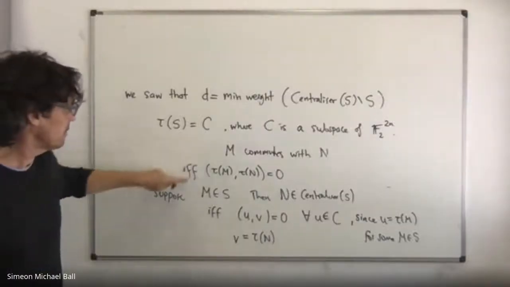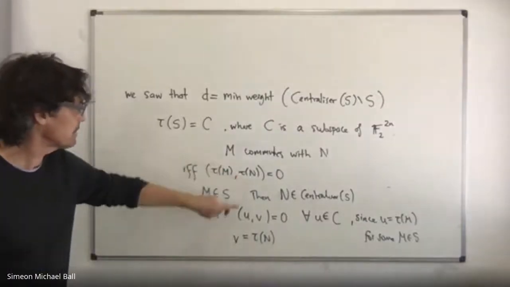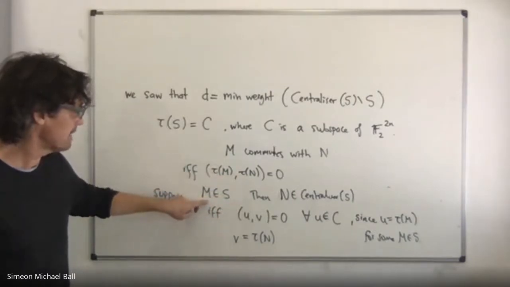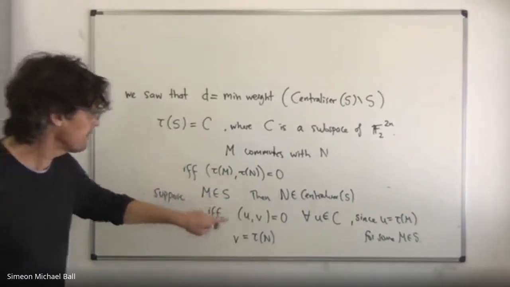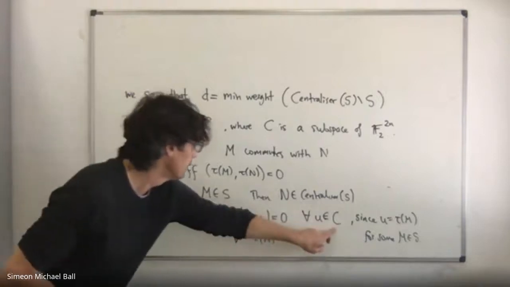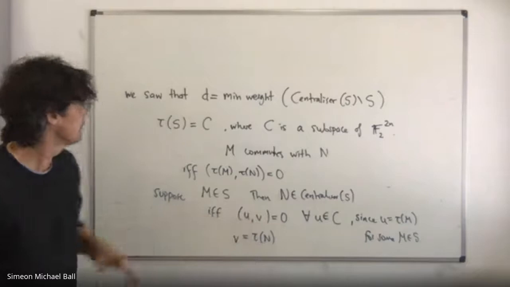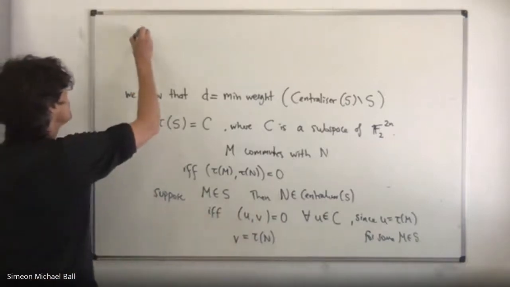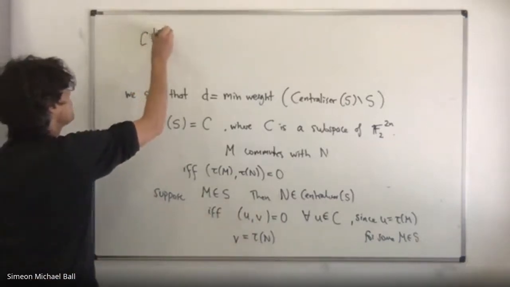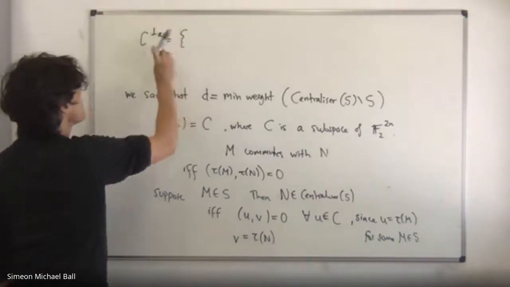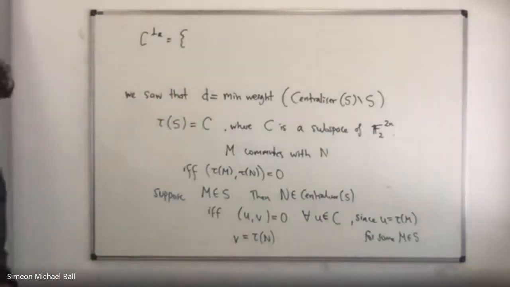Sorry. No, yeah, so things commute if and only if this, right? So we want to find things that commute with the elements of S. The elements of S get mapped to C. So we're looking for the elements that commute with all of C. So if we define C perp A, so we can't use C perp because that means something else. That's the capital normal orthogonal inner product.